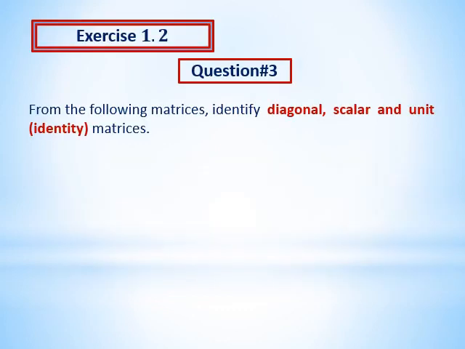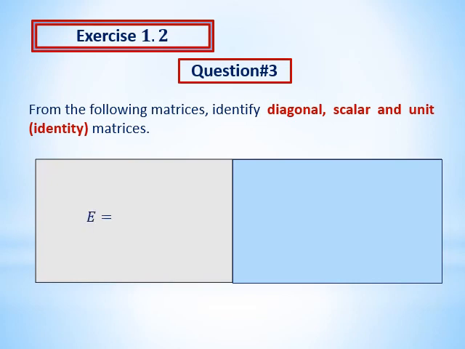Again, question number 3, identify, look here, matrix E. Its entries are in the form of binary operations, 5 minus 3. And we know that 5 minus 3 is equal to 2. 1 plus 1 is equal to 2. So the diagonal entries are 5 minus 3, which is 2, and 1 plus 1, which is 2.